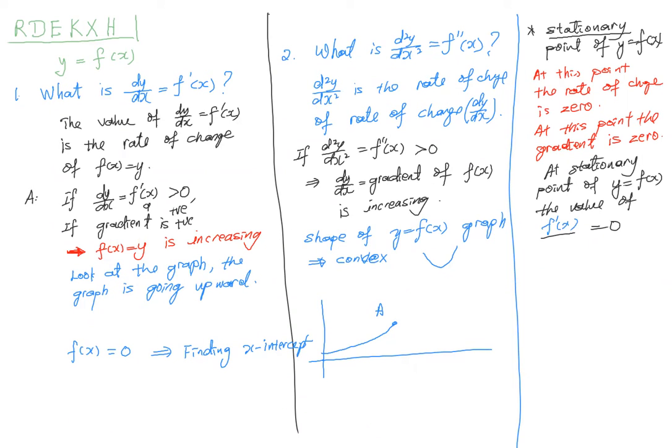So stationary point, we got three types. Local maximum, local minimum, and another one. What do you call this point?